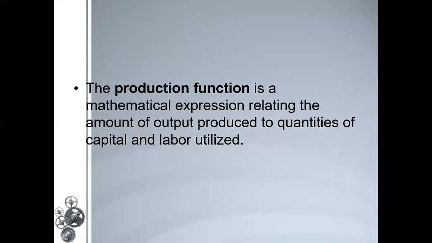It depends on how effectively the output can be produced with these factors. The effectiveness with which capital and labor are used may be summarized by the relationship called the production function. A production function is a mathematical expression relating the amount of output produced to the quantity of capital and labor utilized.